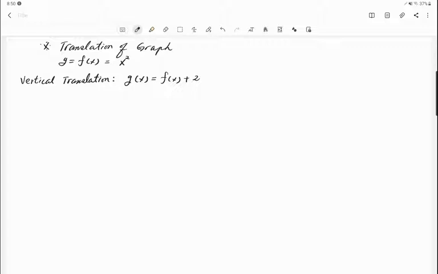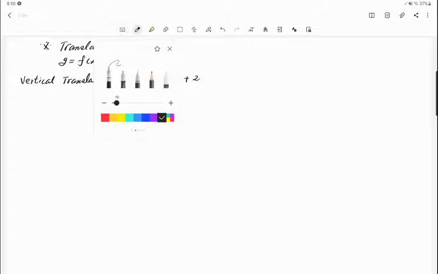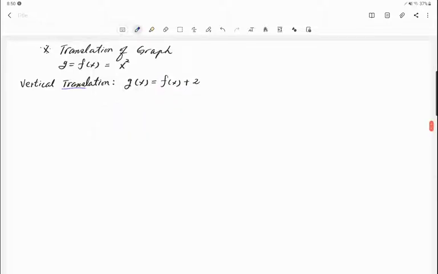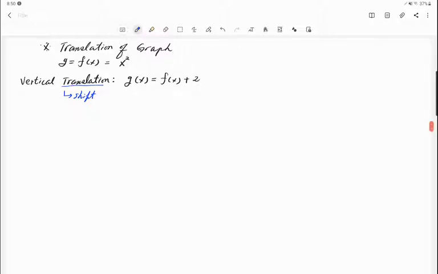So for a vertical translation, this means shifting 2 units up or 2 units down. It's really simple. Let's look at an example: let's say f of x is equal to x squared.